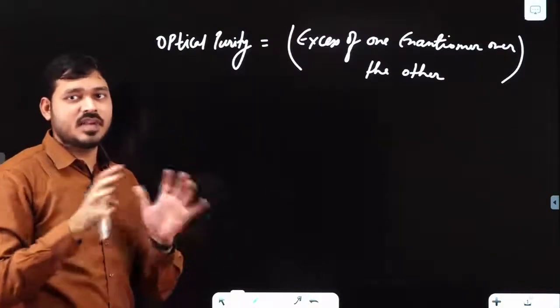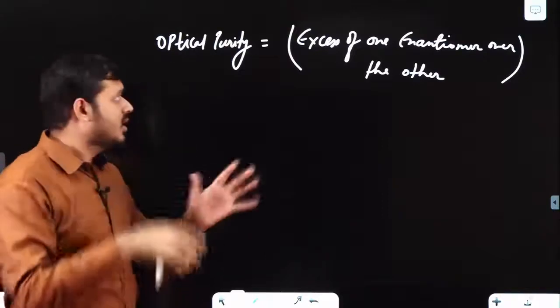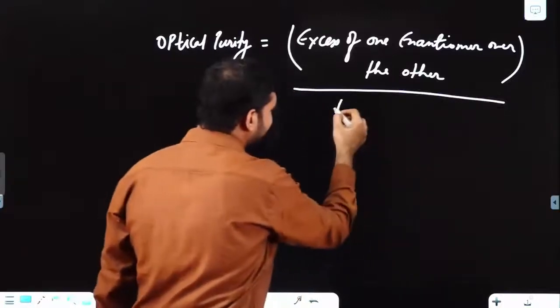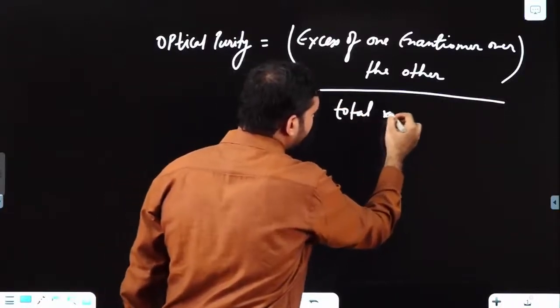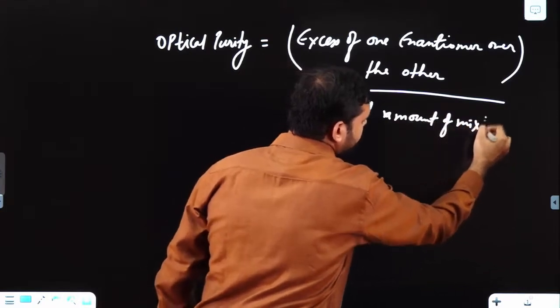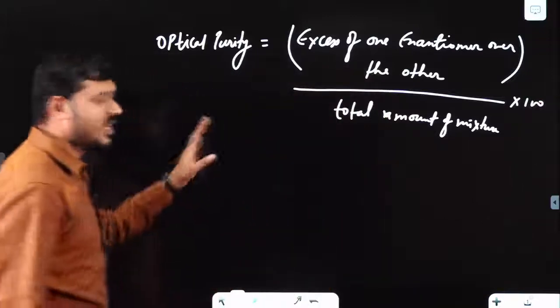If they are different, then with respect to one, how much higher is the amount of the other? So, excess of one enantiomer over the other with respect to the total amount of mixture, into 100. This will give you optical purity.